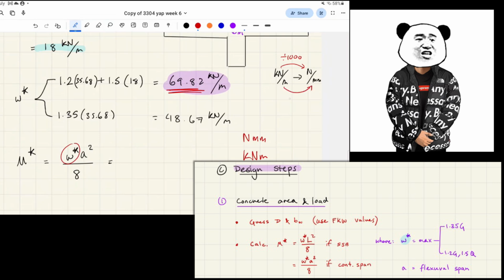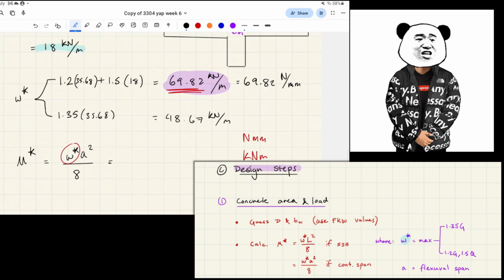Divided by... wait, no, times by 1,000 going that way. Yeah, meters to millimeters, that's 1,000 as well. So it's times by a million in total. So what I'm trying to tell you is that the number is the same in both kilonewtons per meter and newtons per millimeter. It's the same number.